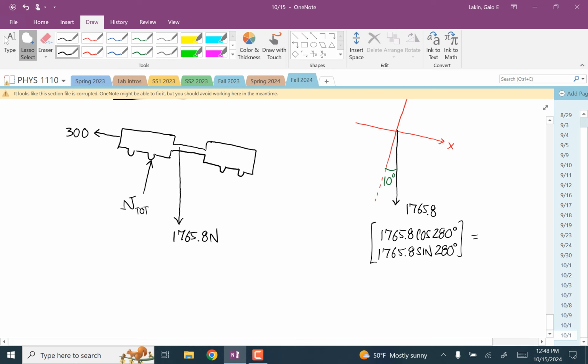So that gives you 306.63, negative 1738.97. So that's the weight force in the rotated coordinate system.